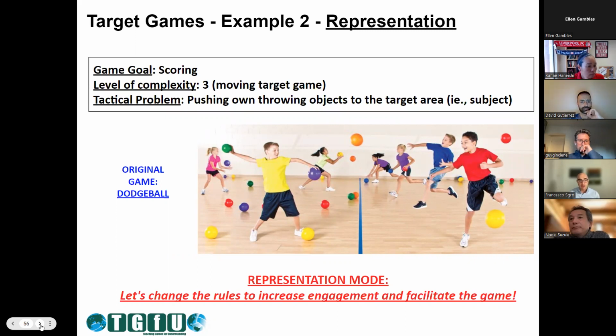For this purpose, I will introduce a competitive situation by using the dodgeball, and we can modify this game by using a representation strategy with the aim to make it playable and to involve the players more in improving their ability to throw a ball against an opponent.